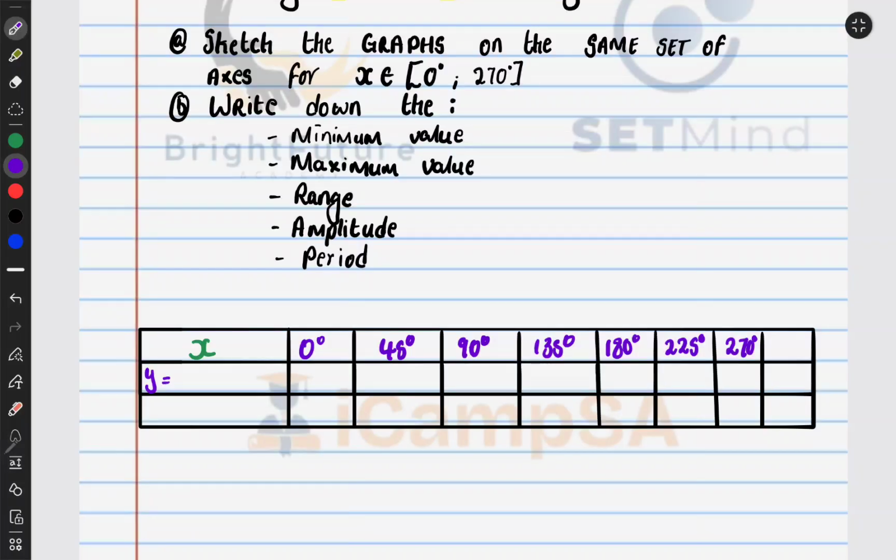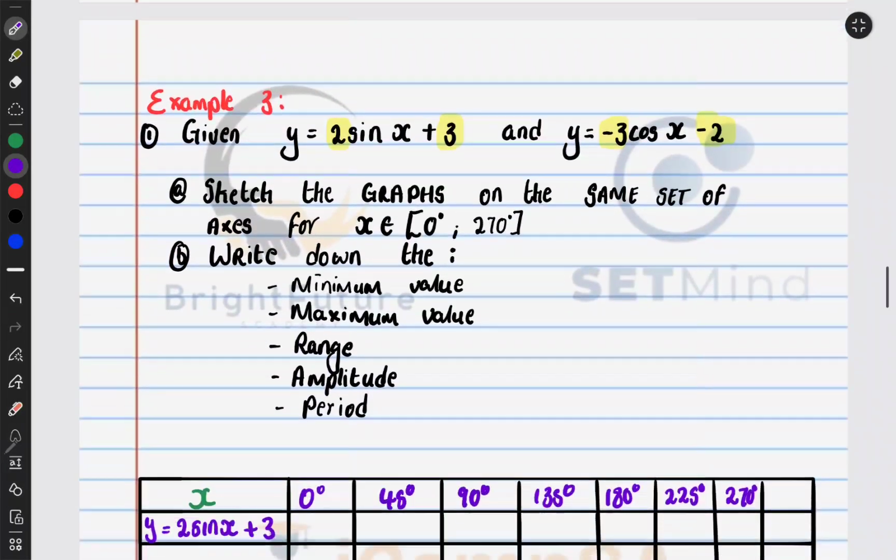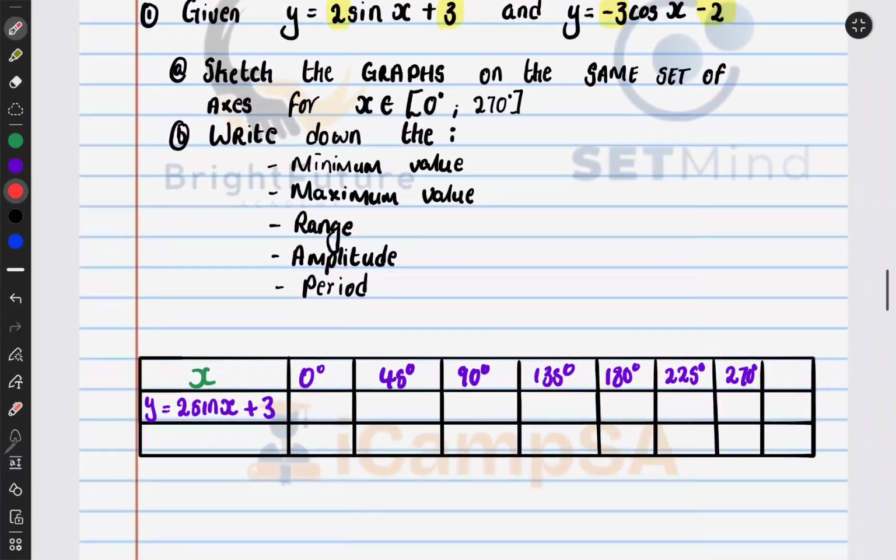And then the second one is y is equal to -3 cos x minus 2. Let's find corresponding values. It's 2 sine 0 plus 3, we have 3.